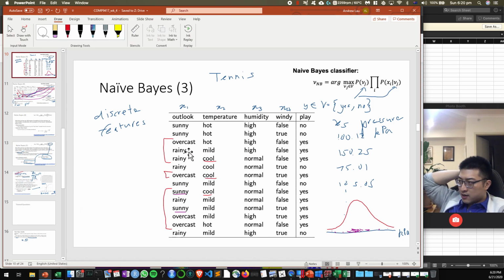But if it's continuous, like a temperature of 100.12 or 150.25, that doesn't really make sense, and you might have everything just be 1 over 20, or the total number of rows, if there's no overlap. The problem is that you'd be applying a discrete empirical frequency to a continuous variable, which doesn't really make sense.